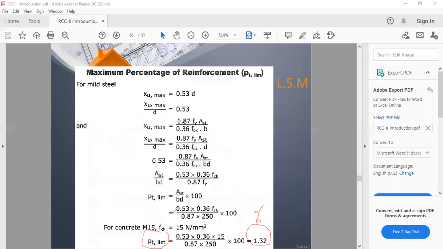If you look at this, this is the final equation. What does it depend upon?